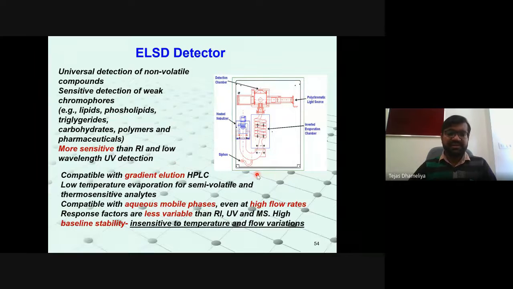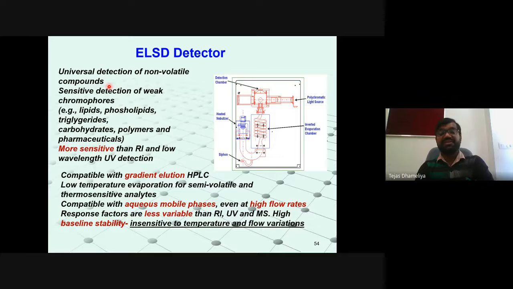And there are several other types of detectors also. ELSD is widely used for the purpose of universal detection of non-volatile compounds. If we are using volatile compounds, then for volatile compounds, the gas chromatographic technique is available. We can detect these non-volatile compounds.